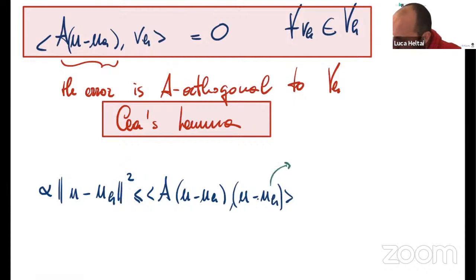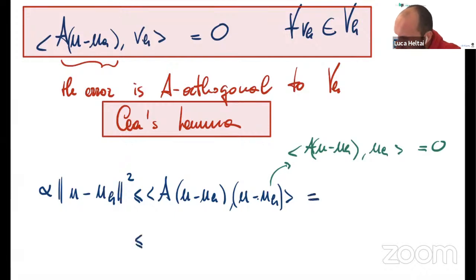In this equation here, this thing, a of u minus u_h, is equal to 0 anytime that you take any function v_h in capital V_h. So you can add and subtract 0 to this equation, and this will become exactly the same thing.